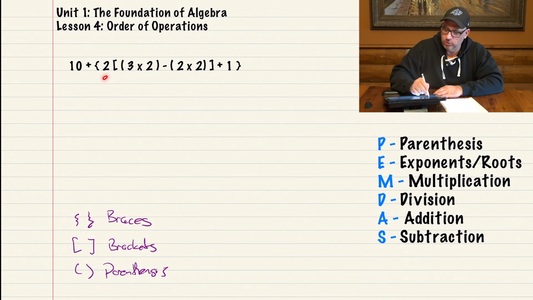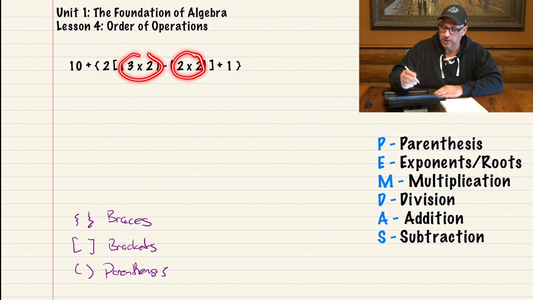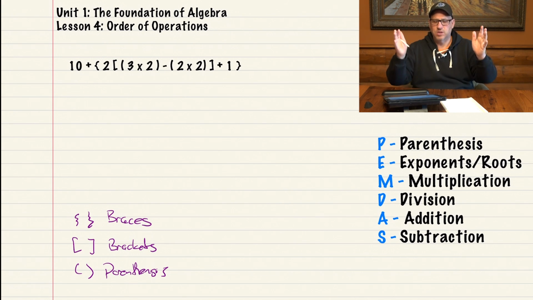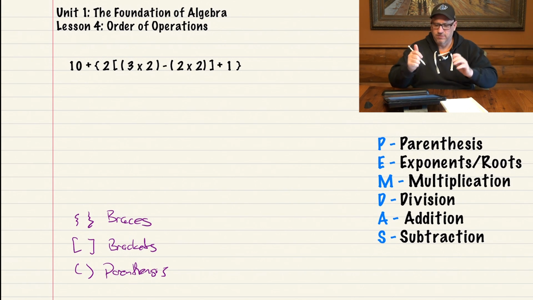So that includes everything in here. The brackets are right here, and those are encompassing this part. The parentheses themselves, well, you have a group here, and you have a group here. So it starts with parentheses, then it goes out to brackets, then it goes out to braces. And again, it's just for you to identify.